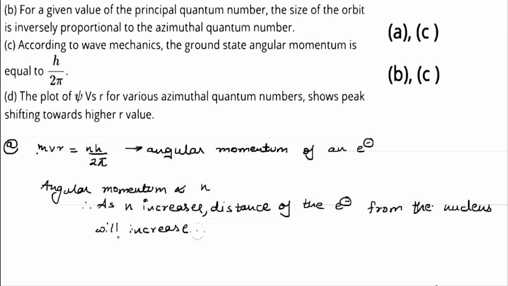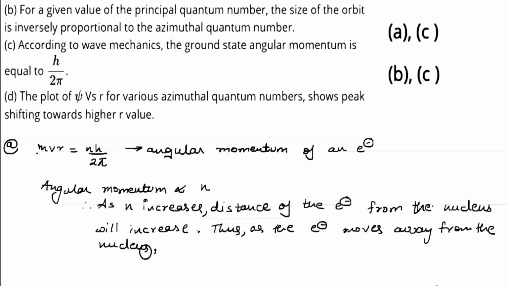Which also means that as the electron moves away from the nucleus, its angular momentum will increase.